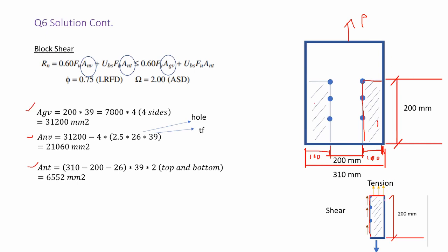Now, once we understand that, we have to find this length from here until there. If you find this length and multiply it by the thickness, you get your area. But now since we are talking about A and T, we want the net area in tension. So you have to exclude the parts of holes.